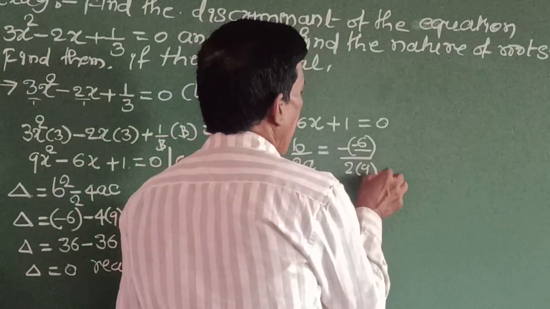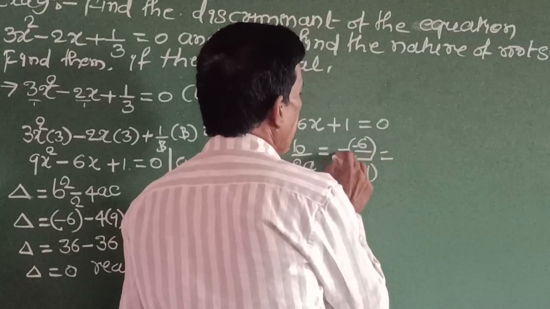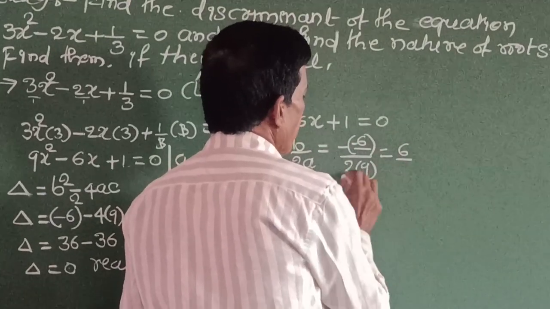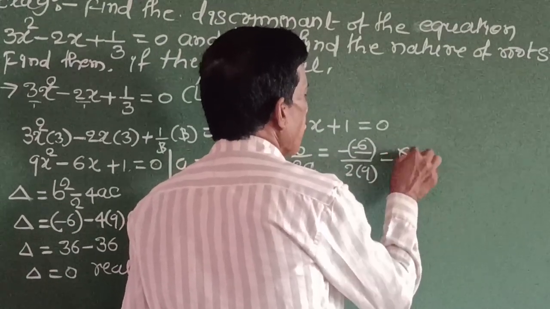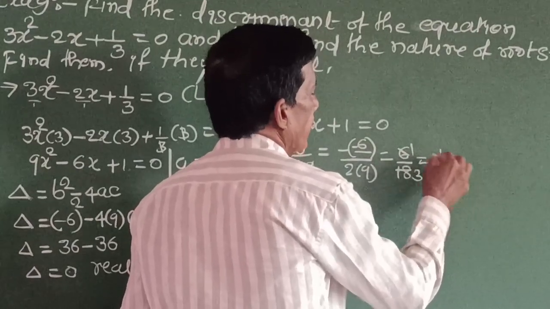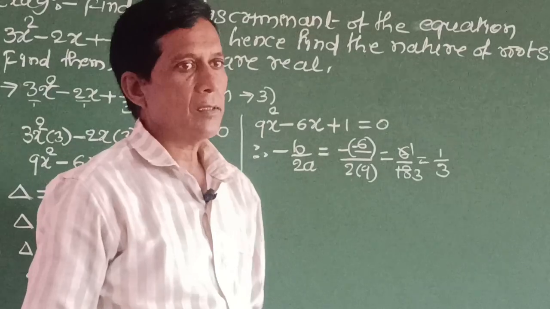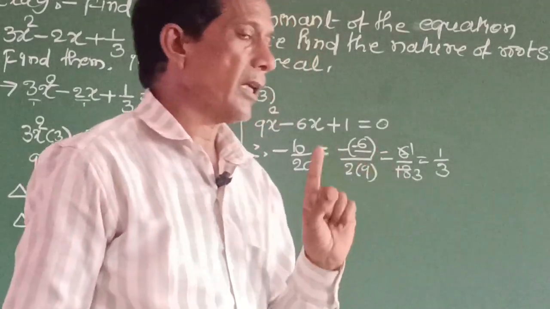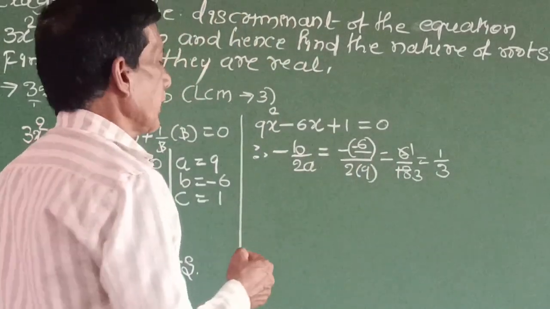So plus 6, 2 nines are 18, 6 ones are 6, 3 threes are 18, the answer is 1 by 3. The given equation can be rechecked.